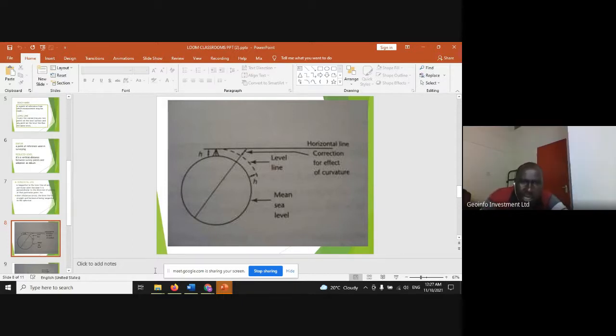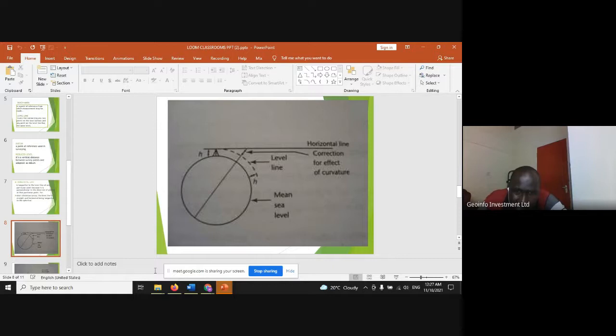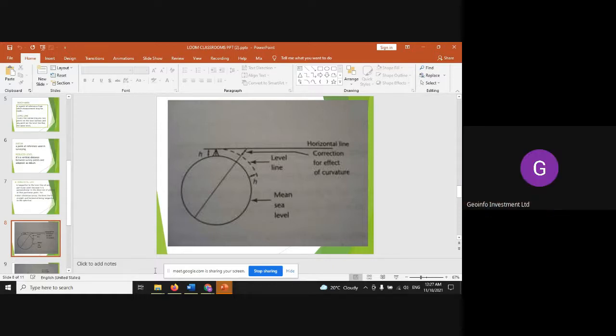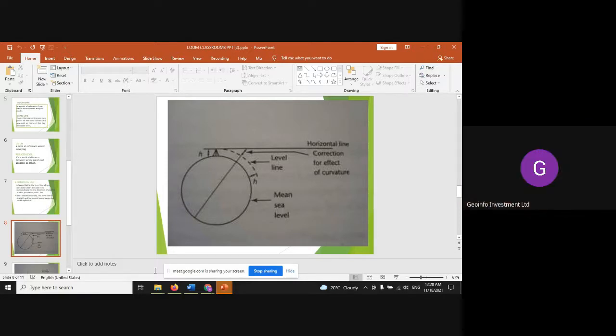It can be an automatic level, a dumpy level, or a tilting level. So here you are taking your point, and this line is called the horizontal line, and the level line will curve towards the earth's surface, following the spheroid shape of the earth. So we say that is a level line.